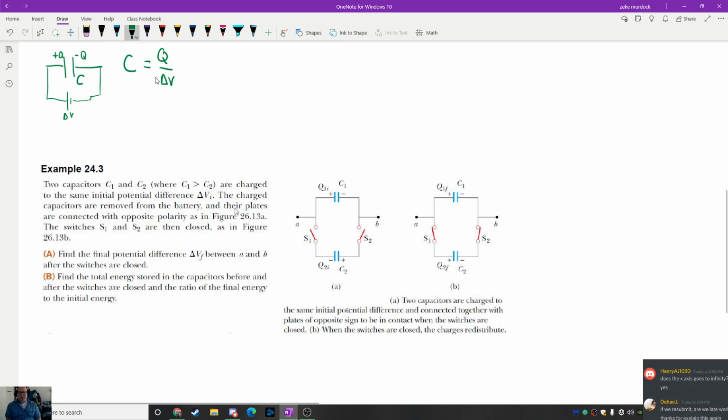Now, after you store this energy up, you can release it and have it do work for you in some way. Some examples of this are flash photography. When a flash bulb goes off, quite commonly it's coming from energy stored in a capacitor. And capacitors can also be used for timing in circuits, something we're going to talk more about in the next chapter when we learn about resistors, because you need both a resistor and a capacitor.